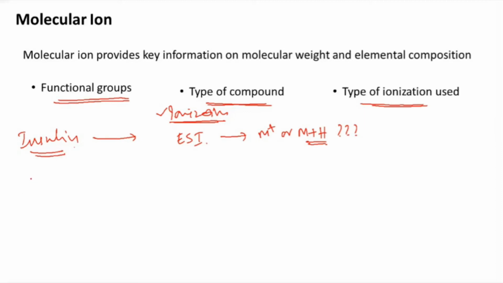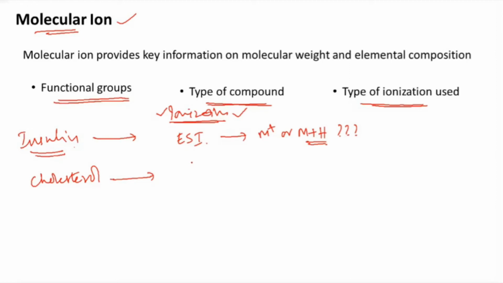Let's say I gave you cholesterol, a highly nonpolar neutral molecule. What type of ionization method will you use to obtain the molecular ion? Our objective is to obtain the molecular ion. So what type of ionization method will you use for cholesterol?